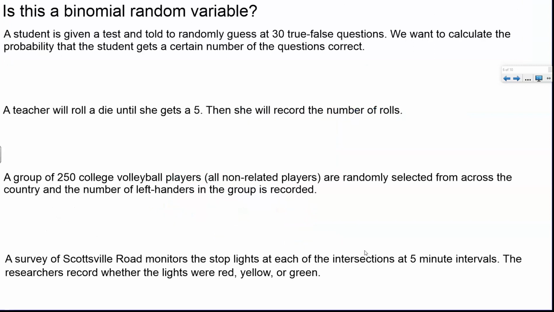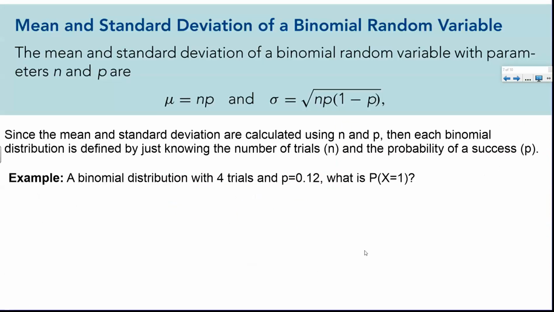But if we know that we have a binomial random variable, I'm going to skip a slide because I'm in the middle of talking about it, but if we know we have a binomial random variable, then we can calculate the mean or the expected value by just doing n times p. So all we have to know is how many trials do we have and what's our probability of success. So we don't have to have the whole distribution written out.